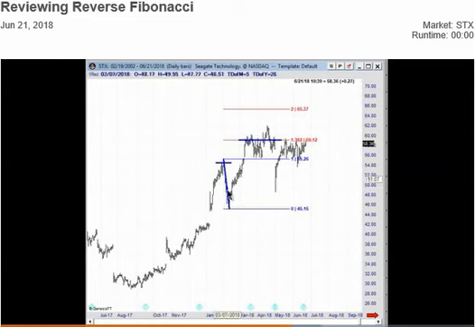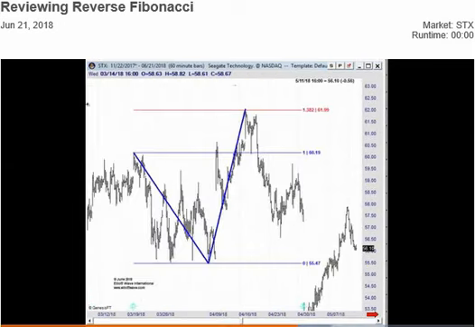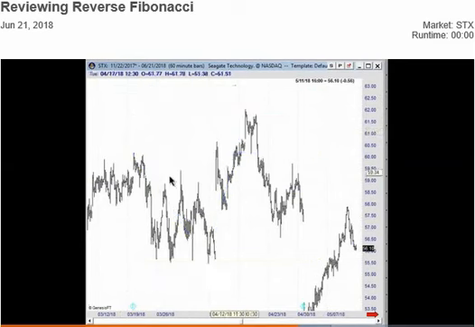Right there. So this technique, very simply applied, allowed us to identify this as a high probability target for an advance, and then this. We can also move to a smaller time frame, so let's clean up this price chart here.